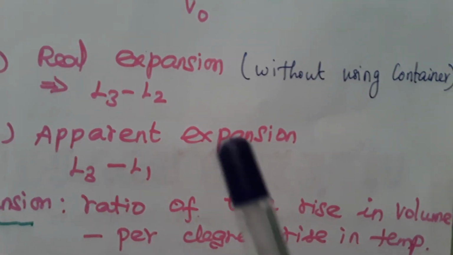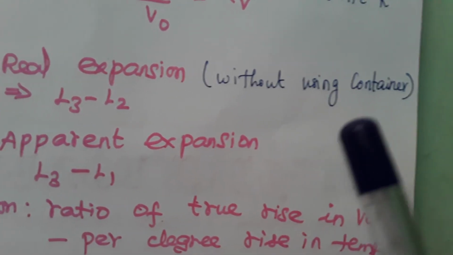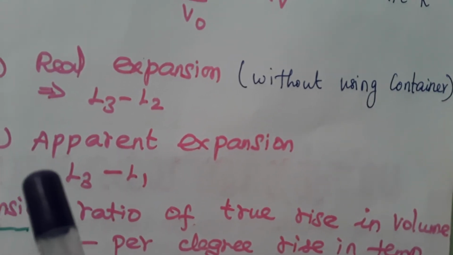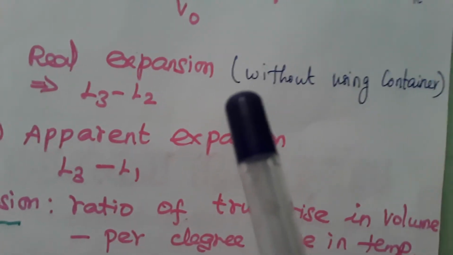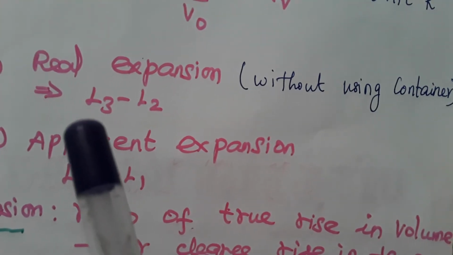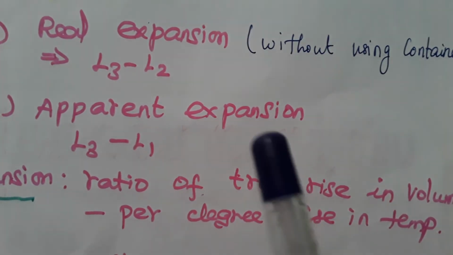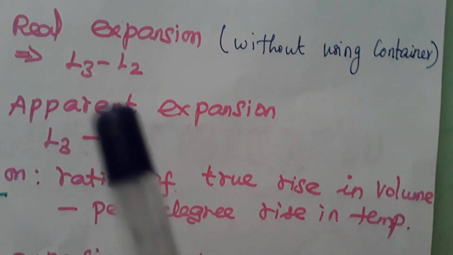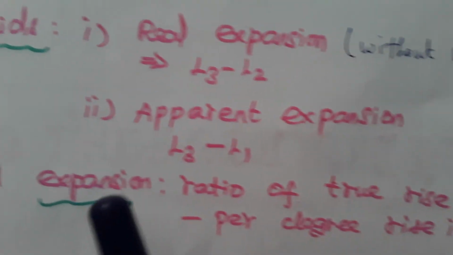What is apparent expansion? When heating a liquid using a container, we will observe some expansion. That expansion is called apparent expansion. For the real expansion, the formula is L3 minus L2. For the apparent expansion, the formula is L3 minus L1. Here, L represents the length.